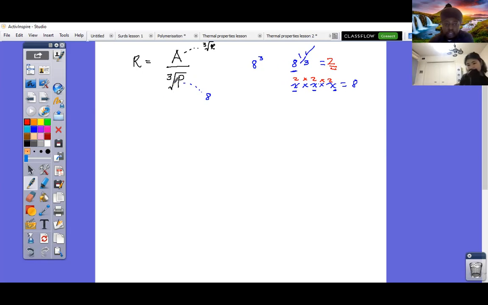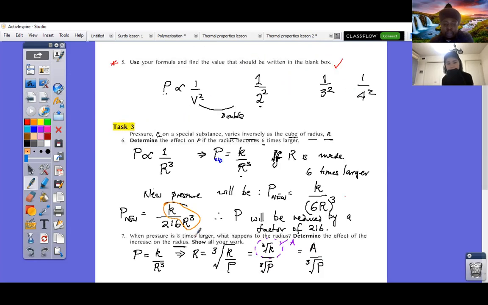Well done. Now, this is telling you that this has gone down to 2, so it becomes a over 2. What do you think has happened to the radius therefore? What must have happened to the radius for the pressure to increase? Remember, they are inversely proportional. So the pressure has increased.